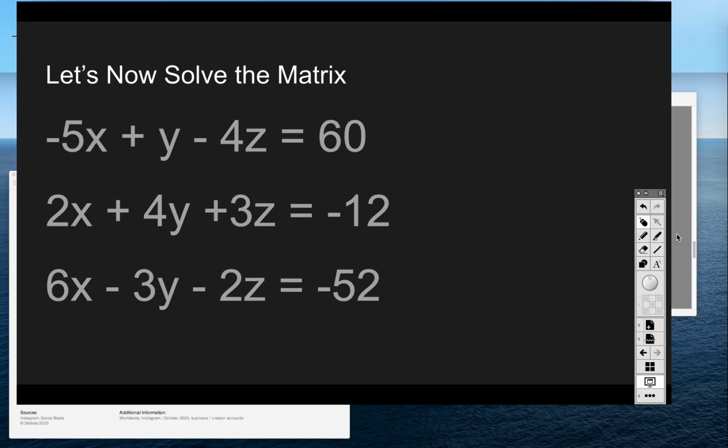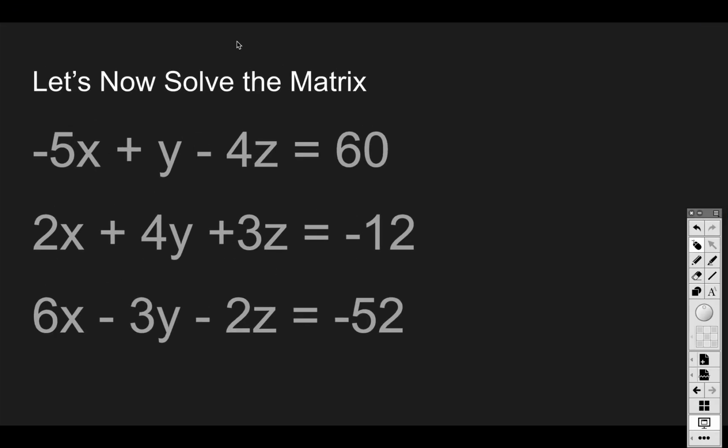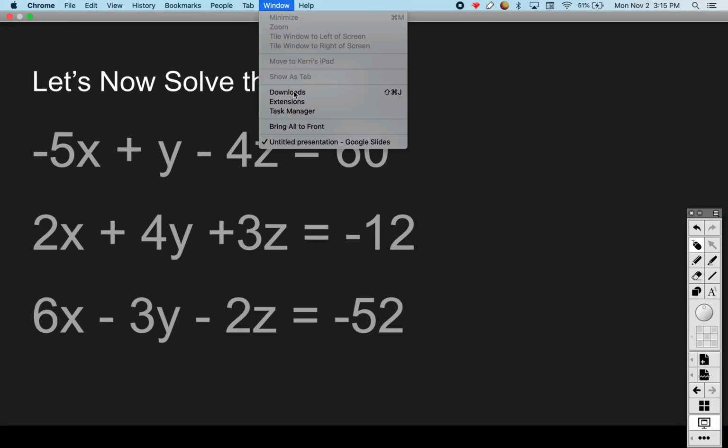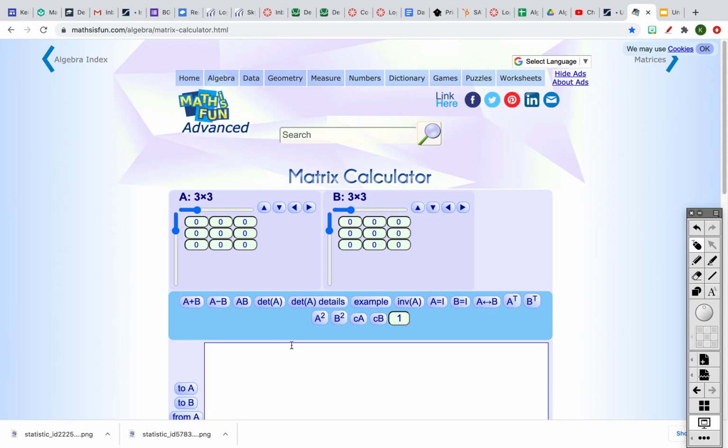So let's go to our matrix calculator. So first thing is we have to enter in A.